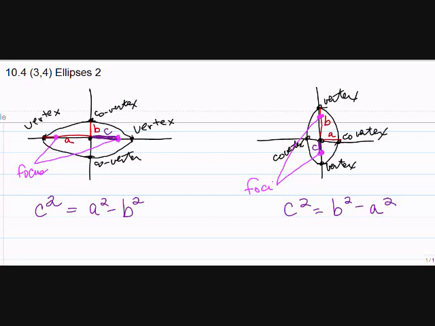So if you get a negative number when you do your subtraction, then you know your longer axis was the other one, so you need to switch the A squared and the B squared. Okay, so find the focus.